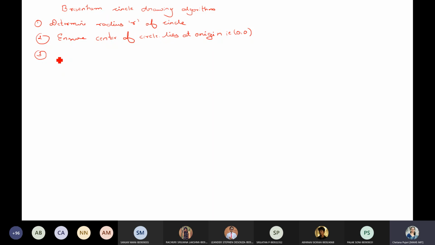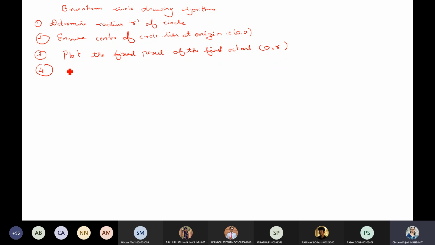Next, we plot the first fixed pixel of the first octant, right? Even this is similar to your midpoint. And our first octant has the coordinate 0, r, where x is 0 and y is r.